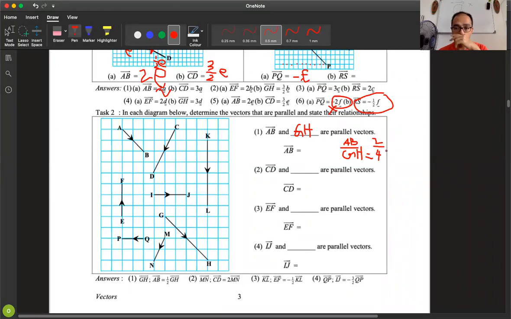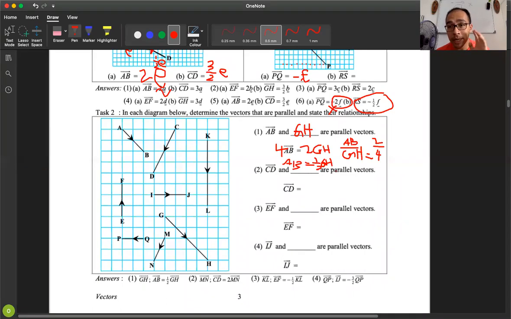If I write this, then I'm going to have 4AB equals 2GH. And if I bring the 4 up here, and bring the GH here, finally I will get AB equals 2 divided by 4, which is half of GH.